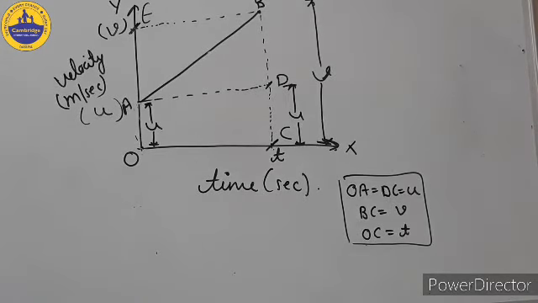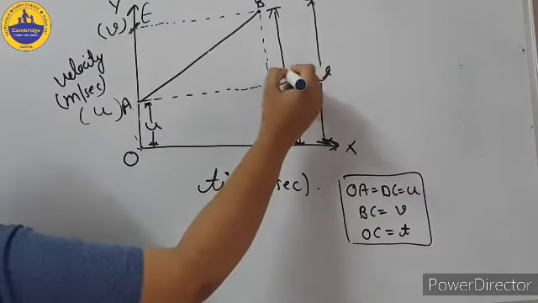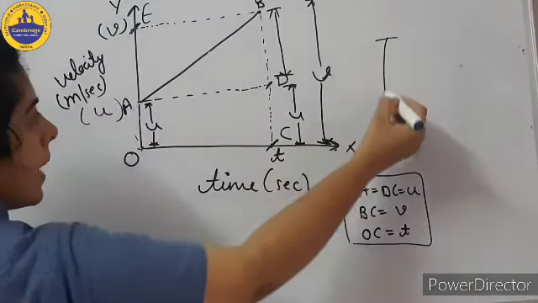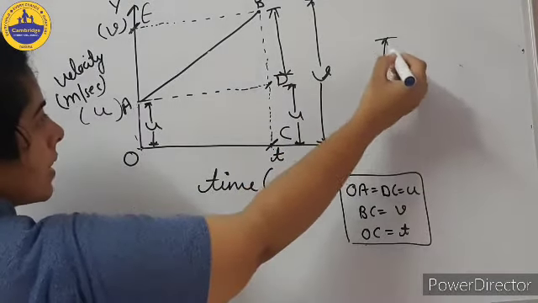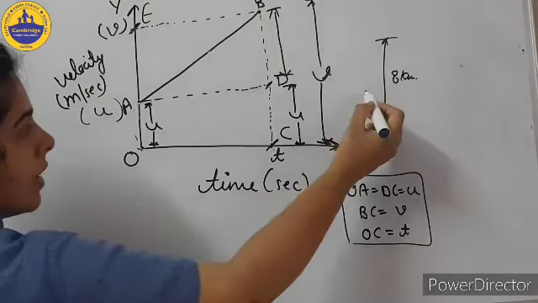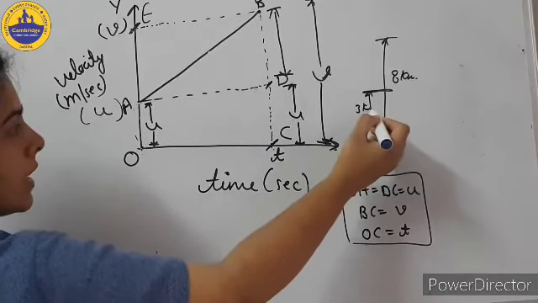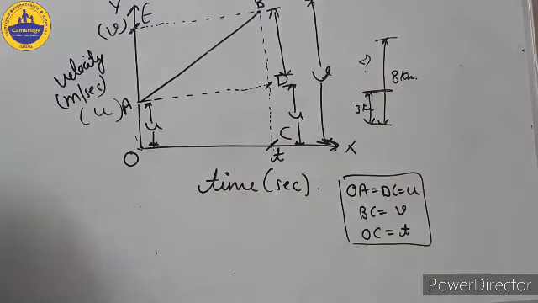Now is BD. Children, let's say you have a distance of 8 kilometers, and till here the distance is given as 3 kilometers. So what is the leftover distance? Obviously, you will do 8 minus 3.